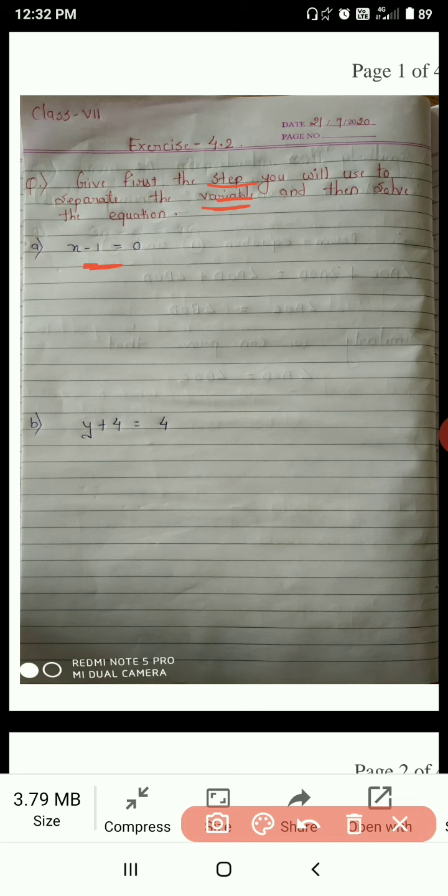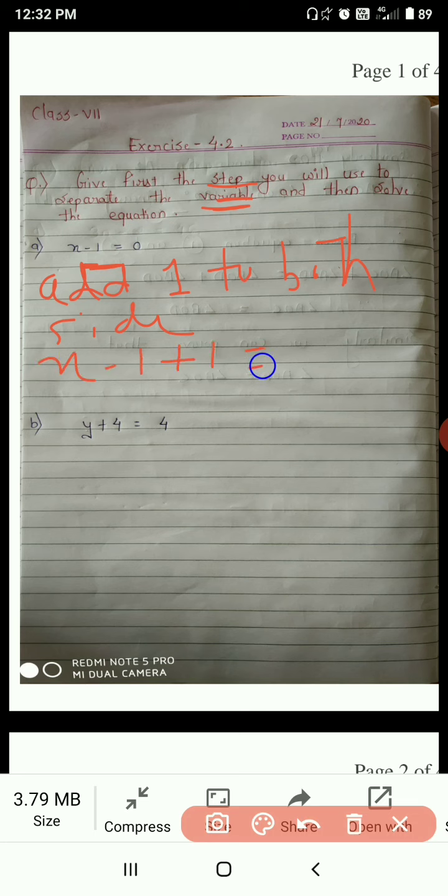So here write what we are doing: add 1 to both sides. What will you get? x minus 1 plus 1 equal to 0 plus 1. Understood?